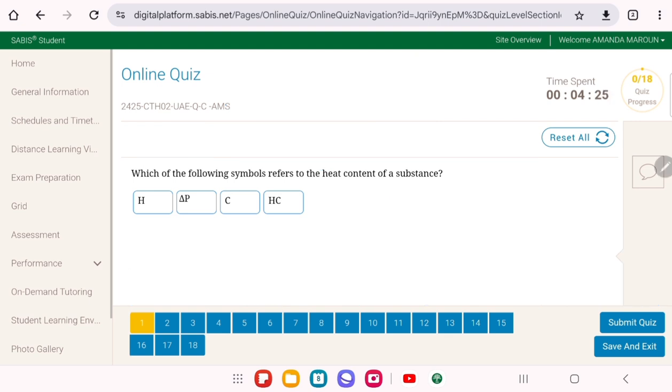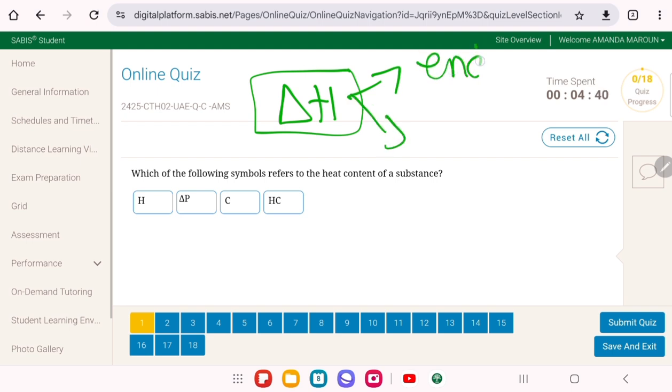Okay, now the final enthalpy change is the general delta H. So whenever you see delta H by itself, you have to read the question and you have to deduce whether it is endothermic or exothermic.